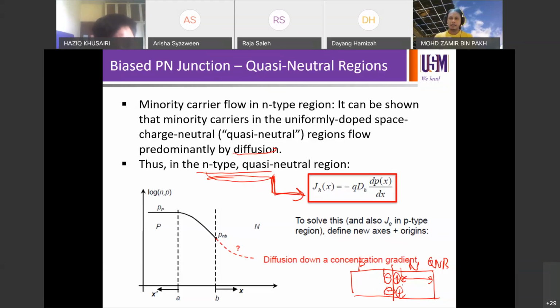How did it end up as minority in N-type? What happens before that? One step before. Let's recap one step before. Yeah, diffusion. Good. What induced the diffusion at this point?